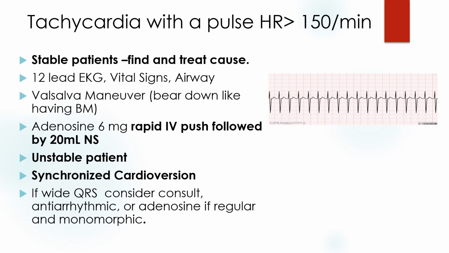It's much faster. We just have to flip a little switch with our thumb, and we don't have to change syringes on the IV. For unstable patients, we will use synchronized cardioversion, and if they have a wide QRS, we might consider an antiarrhythmic or adenosine.